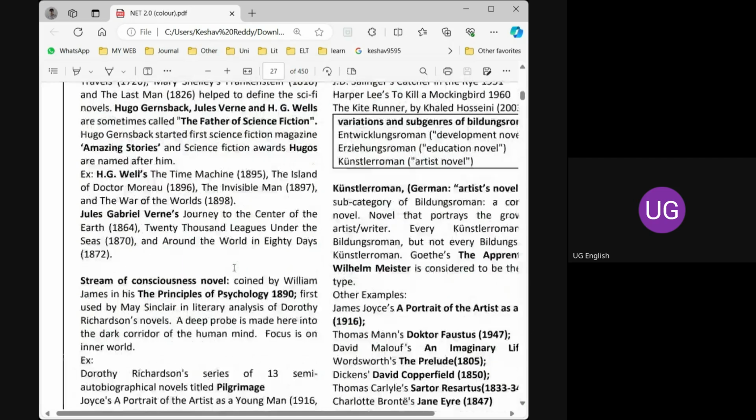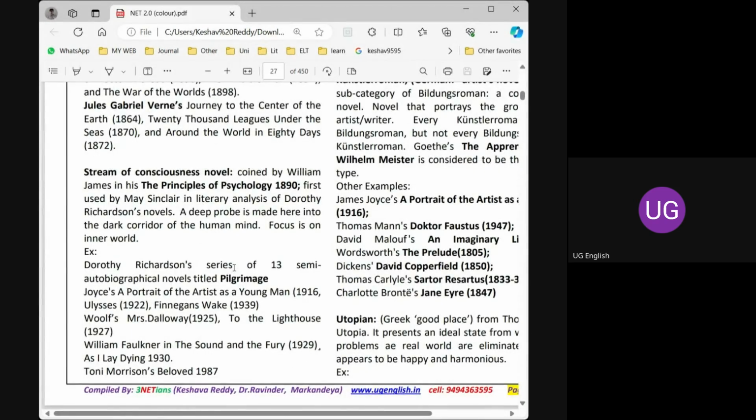So very important. And Stream of Consciousness. This is a very important novel type. Stream is like a flow of thoughts. Generally in these stream of consciousness novels, importance is given to the inner mind of the characters.